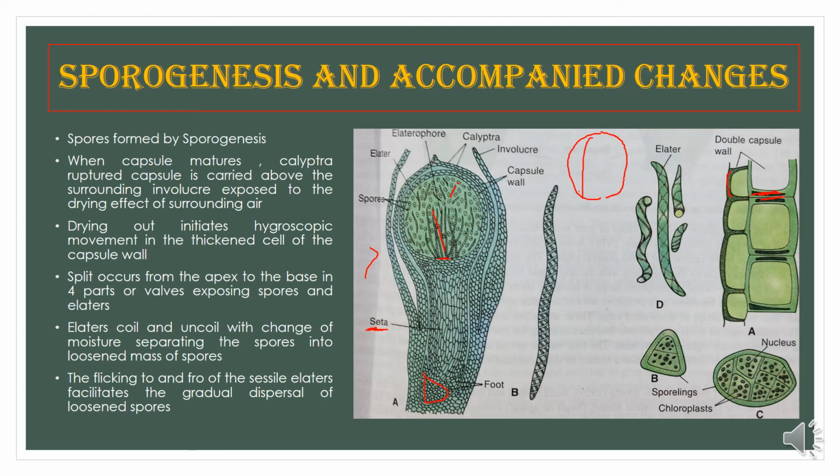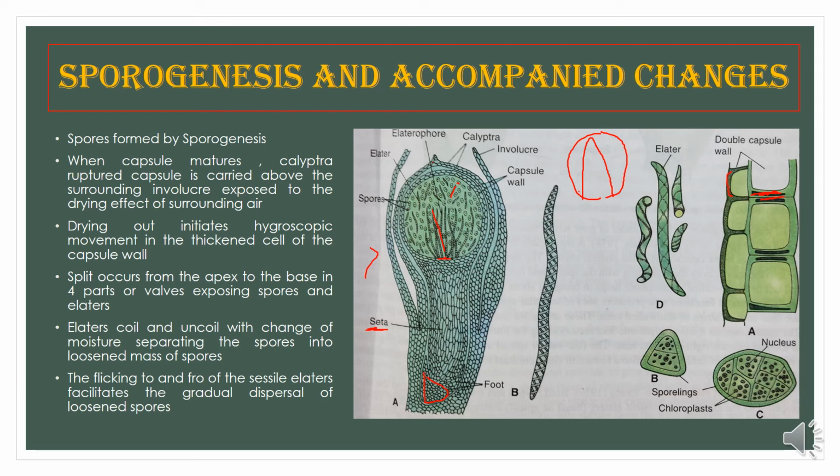Say this is the capsule, and the capsule wall dehisces longitudinally along 4 lines. Here I have drawn only 2, and the other 2 will be available on the other side.